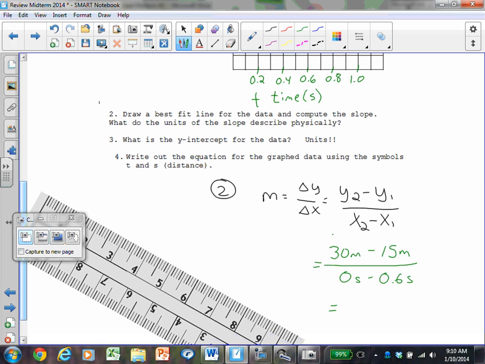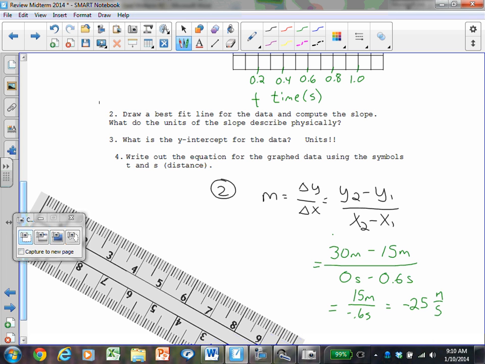So 15 meters over minus 0.6 seconds gives what? Minus 25. What are the units? Meters per second.